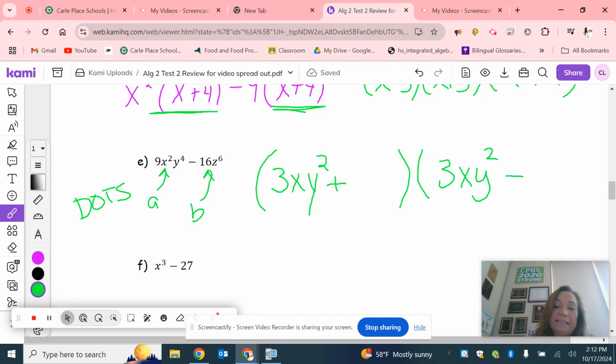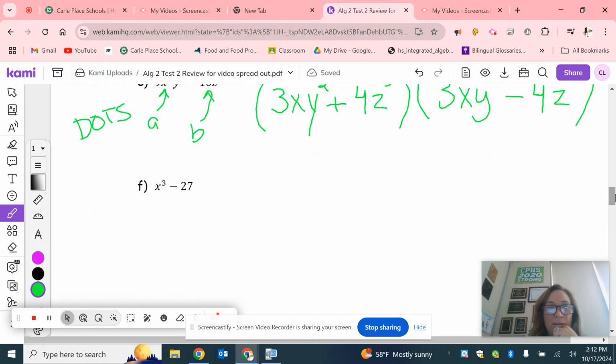The square root of 16 is the whole number 4, and the square root of z to the 6th is z to the 3rd. You do have to check to make sure there's nothing common, and then you know you're done. So that was the difference of 2 squares.